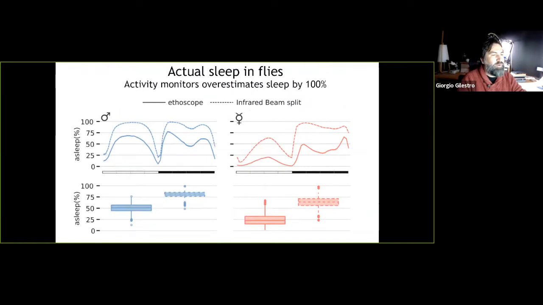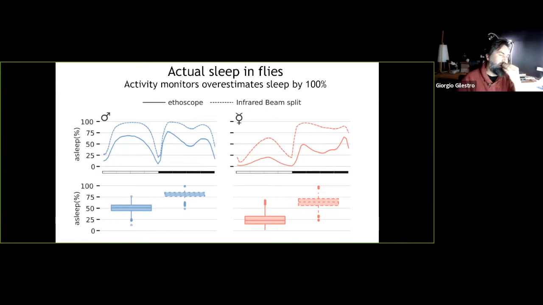So when we look at sleep in fruit flies using our system, what do we see? Here is a comparison using many hundreds of flies, comparing the sleep amount and pattern between ethoscopes and infrared beam split. So this is a system that looks at the very same animal, and the sleep in the same animal is then assessed by both systems.